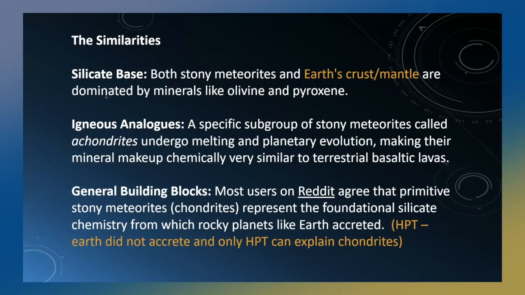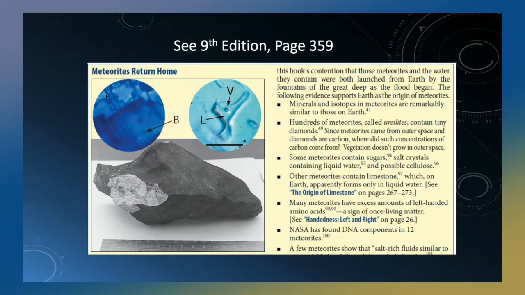And the third category, general building blocks: most users on Reddit agree that primitive stony meteorites, or chondrites, represent the foundational silicate chemistry from which rocky planets like Earth accreted. Of course, that's from an evolutionary view. The hydroplate answer is that the Earth did not accrete, and only hydroplate theory can explain these chondrites, because chondrites have some very unique characteristics, which we'll get into here.